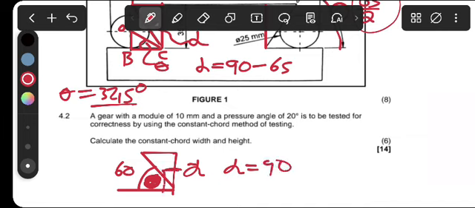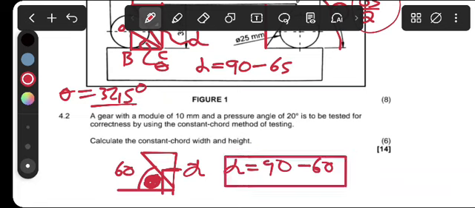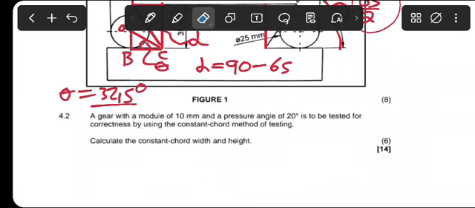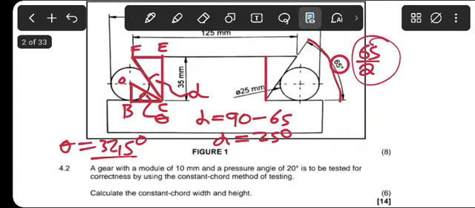Remember, this forms 90 degrees, so it will be 90 minus 65. You understand? Phi will be 25 degrees.